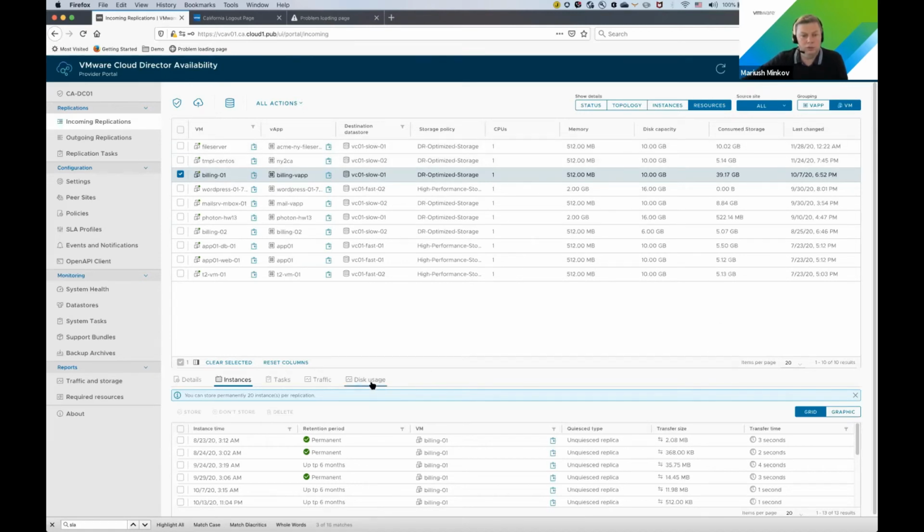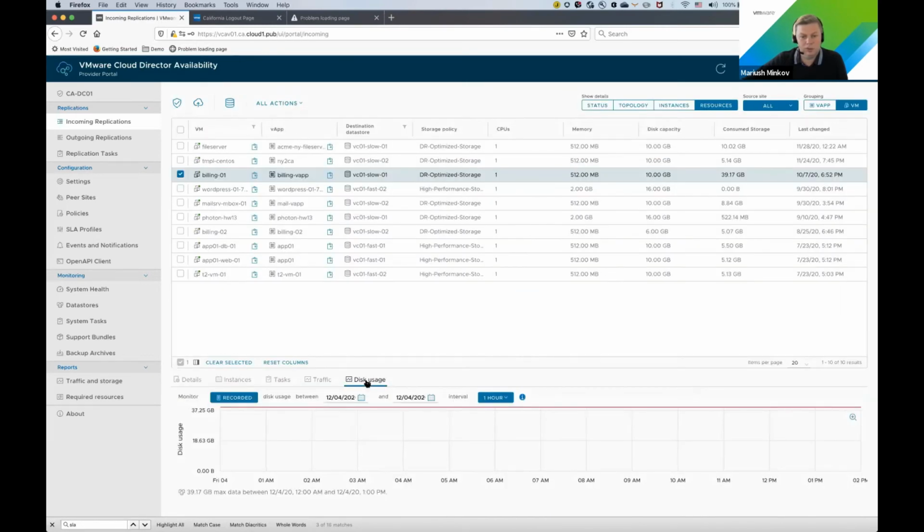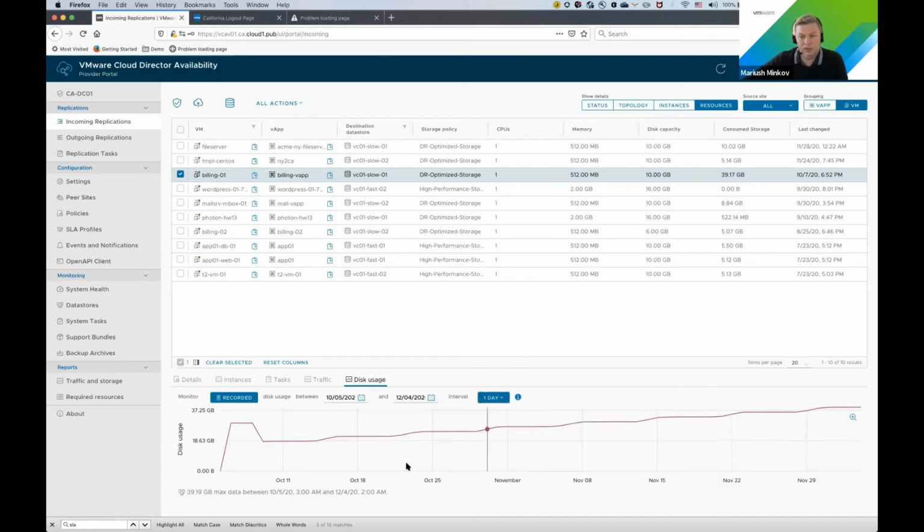The other would be to check the disk usage once we have this replication, and we can see how this consumption has changed over time. So if you ask how come this one is consuming 39 gigabytes, then we can check the history day by day, and even hour by hour to a certain point back in time, and see what has happened.